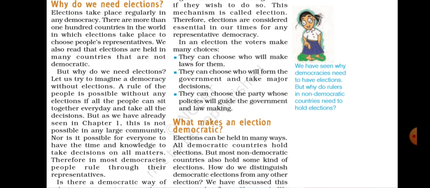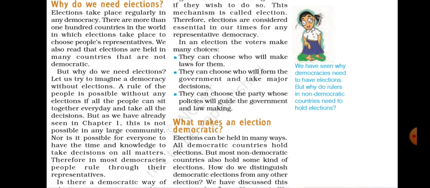This is called a by-election. The members may vacate a seat due to death or resignation, so this space has to be filled through by-elections in certain constituencies.